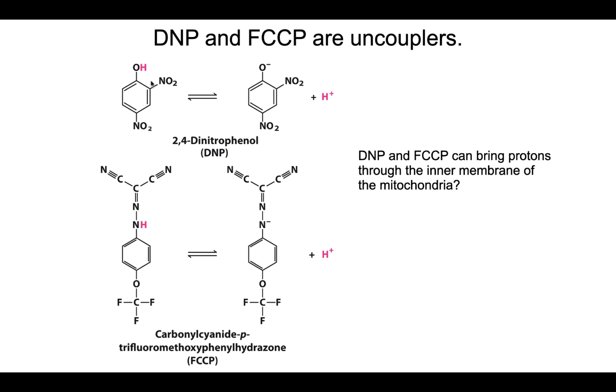So for example, this one here, DNP, it holds a proton here. It's nonpolar, so it slides right through the membrane into the matrix and then lets that proton leave. Or we have FCCP, same thing. It's nonpolar and it holds onto a proton, so it goes straight through the membrane, bypassing ATP synthase all the way back into the matrix, and then it releases that proton again.